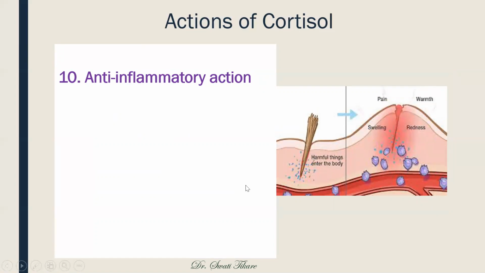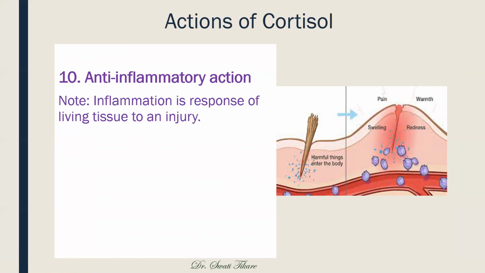So what exactly happens? This is what we see. Okay, I'm not going into details of inflammation, just for you to understand the anti-inflammatory action. I'm just trying to explain to you what is inflammation. Inflammation is a response of a living tissue of the body to an injury. What are the basic things that happen? There is vasodilation and increase in permeability. So there is a lot of oozing out of fluid into the ECF here.